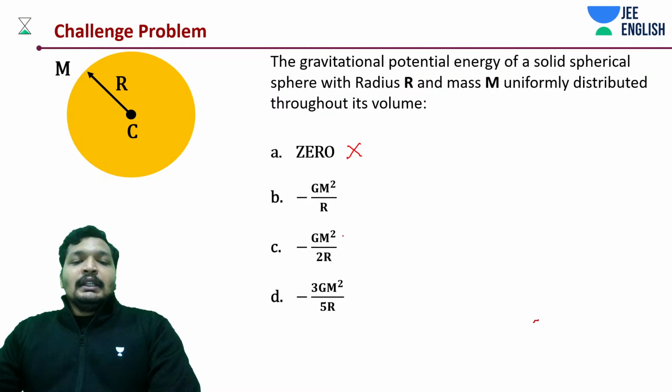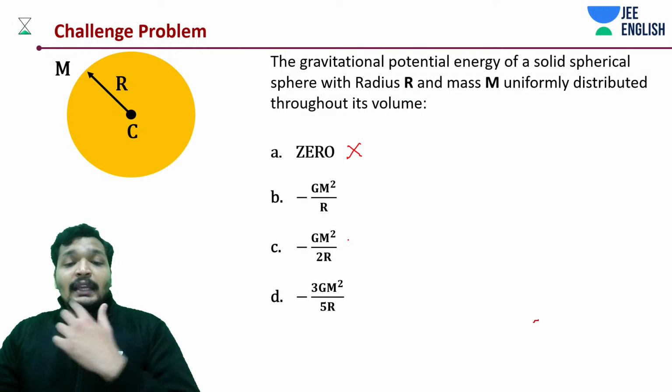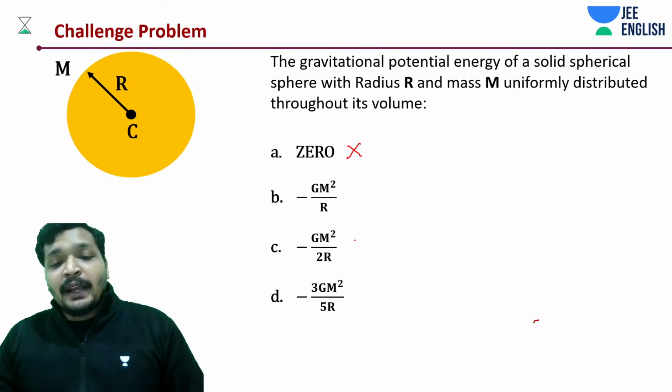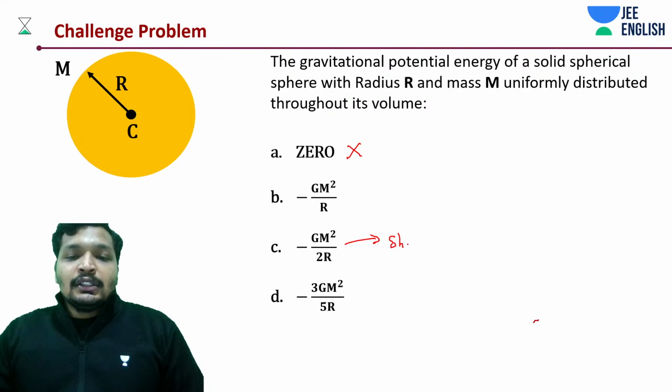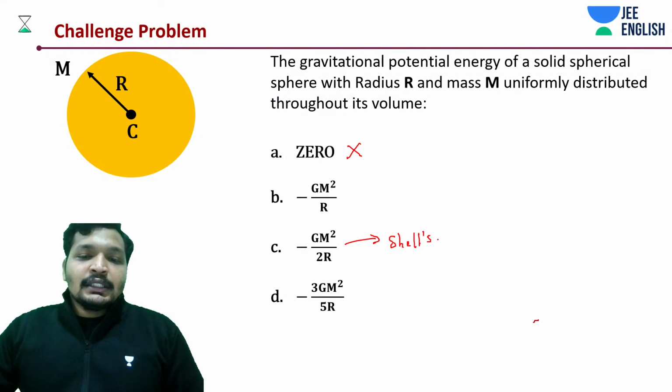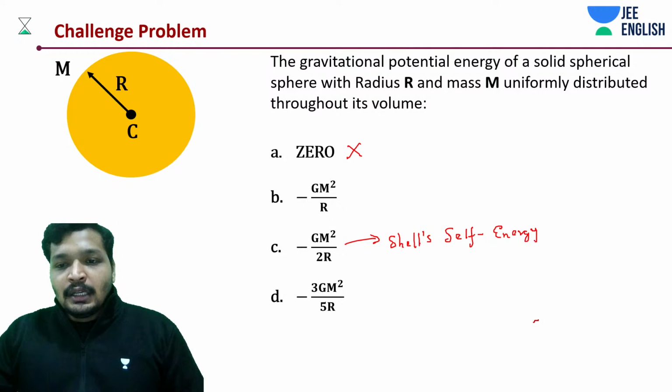And it should be greater than the shell's energy, which is like minus 0.5 G m square by r square. That is one of the ways of understanding this. So the shell's self energy is around half of G m square by r, right?